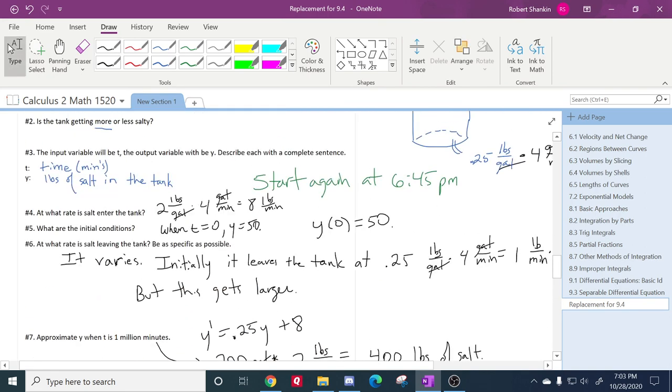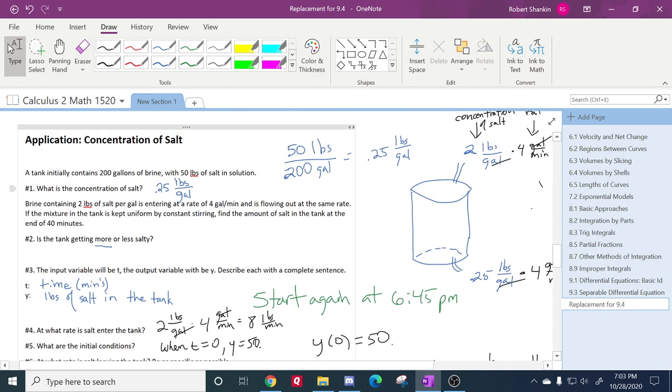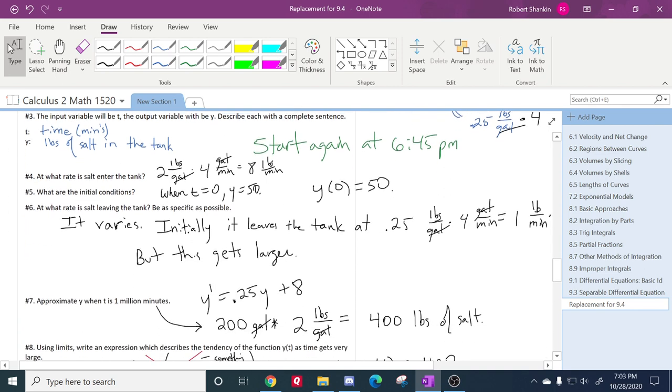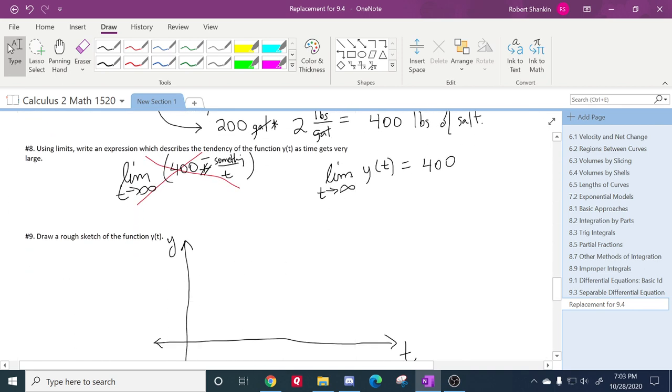The initial condition was y of 0 is equal to 50. And as time goes on, it gets more and more salty, and it goes towards 400. So, if we had 100, 200, 300, 400, we would start at 50.